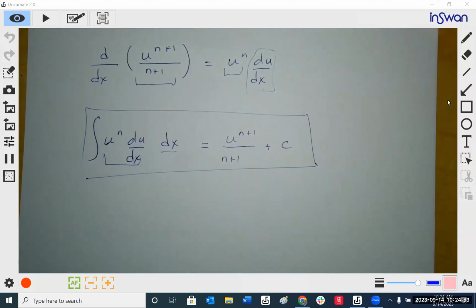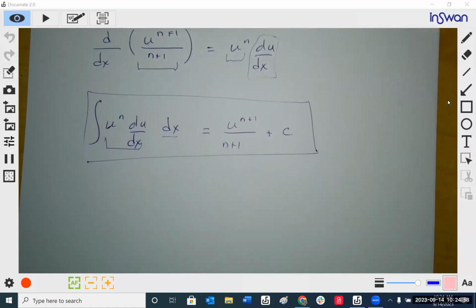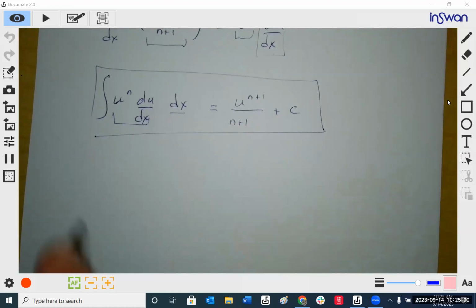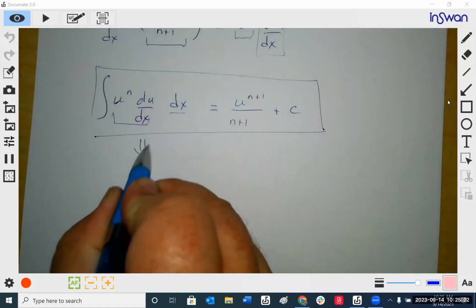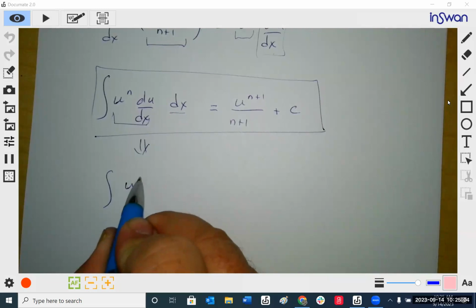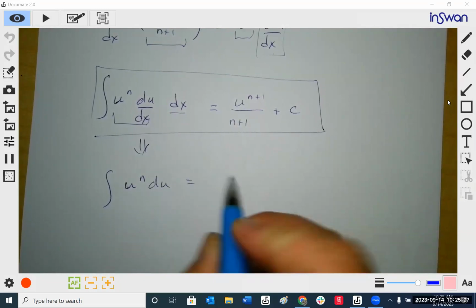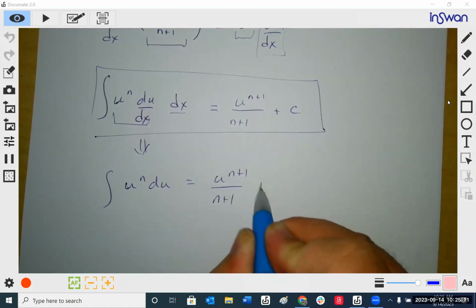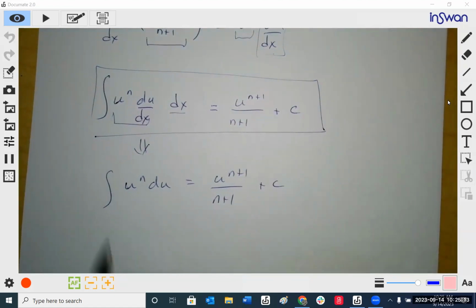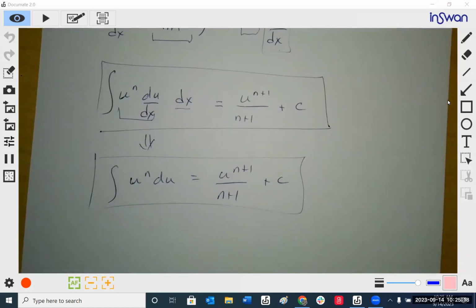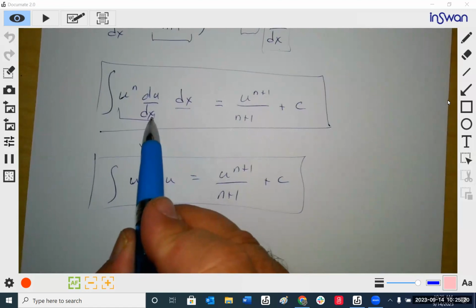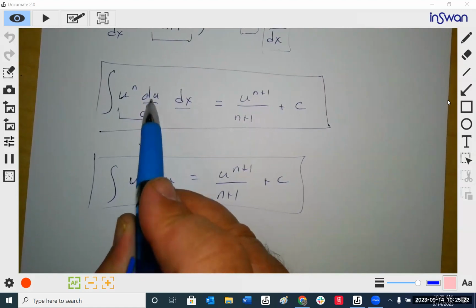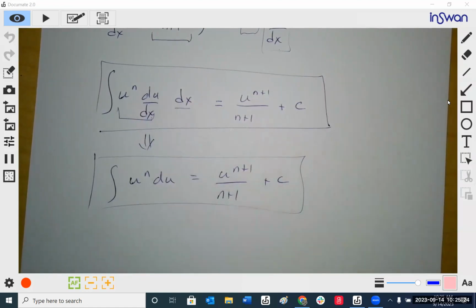Okay, we're going to do a couple of examples to make it look much easier. Or we could just say the integral of u to the power n du is equal to u to the n plus 1 over n plus 1 plus c. Because du dx is the derivative of u, and then we take the derivative of the whole function.